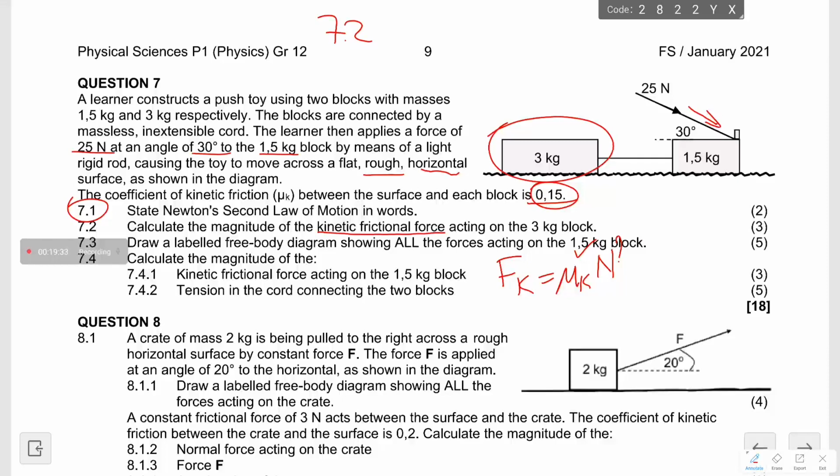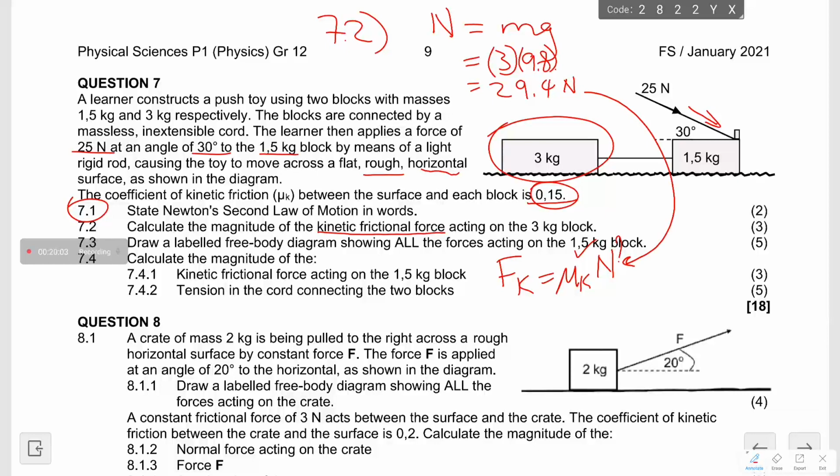So the first thing that you do on 7.2 will be calculating the normal force, which is equal to mass times acceleration due to gravity. The mass of the object is 3, acceleration due to gravity is 9.8, which is a constant. And then when you simplify that, you find your answer to be 29.4 newtons. And then you go back to your original equation for calculating kinetic frictional force, and you do the substitution now.